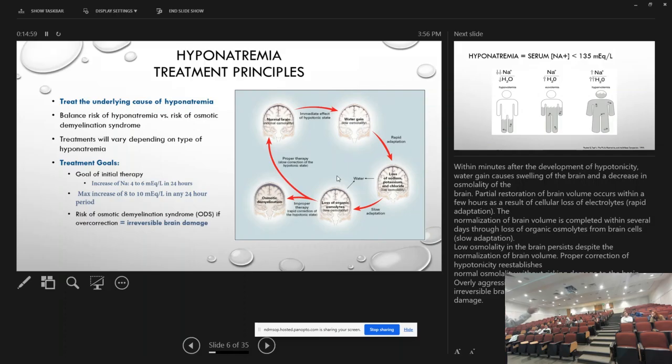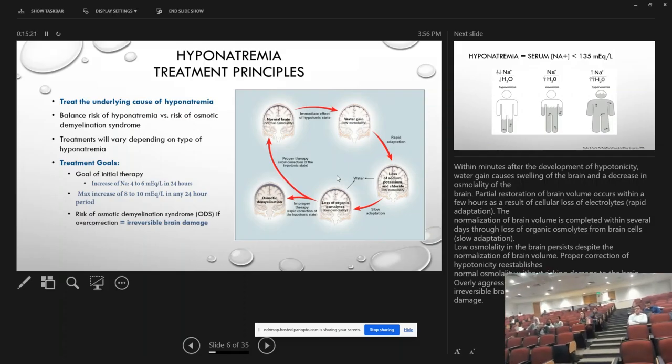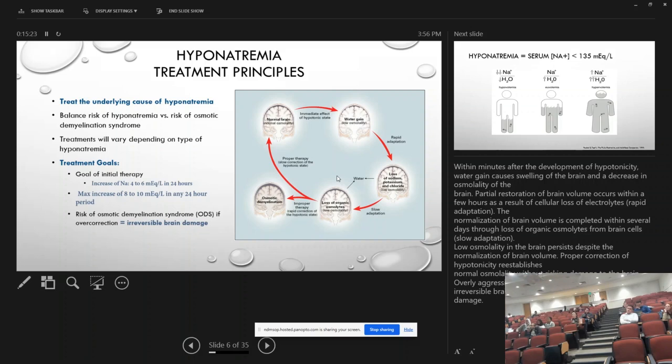If it happens chronically, you're not going to have as much going on, but you're still going to have some cerebral edema. Does that help? It's because of that concentration gradient. So you have a low sodium level in your blood, in your interstitial space, but in the brain, it's going to be closer to normal. And so water is going to go from that low gradient to the high gradient.